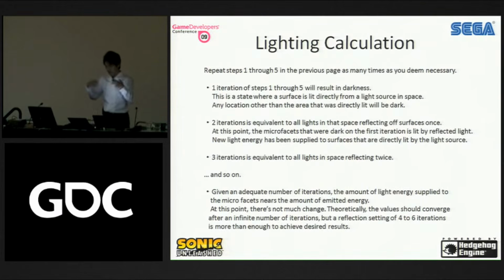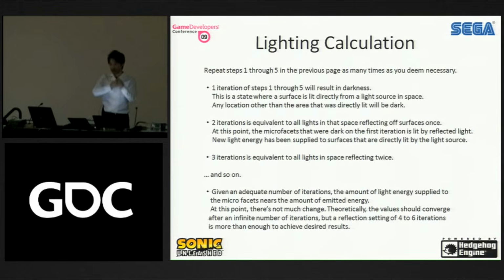At this point, the microfacets that were dark on the first iteration are lit by reflected light. New light energy has been supplied to surfaces that are not directly lit by the light source.